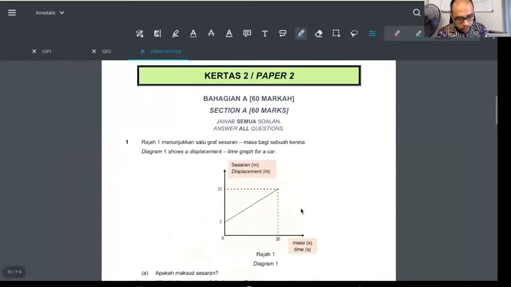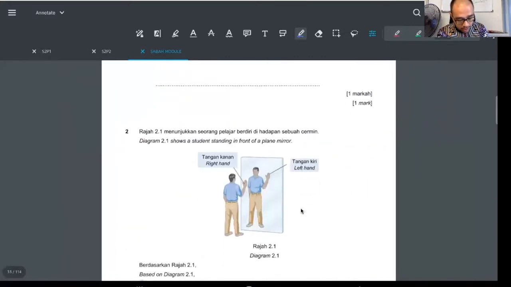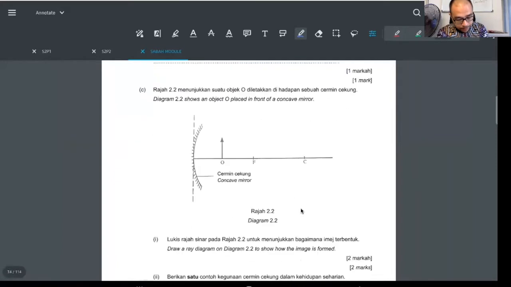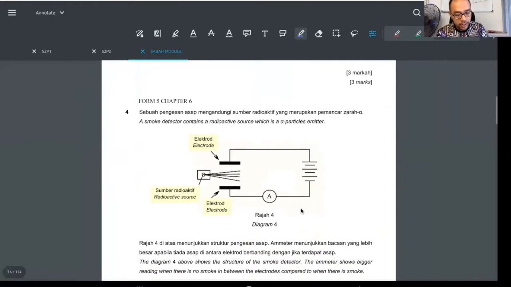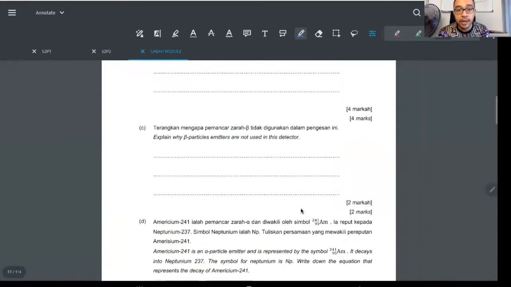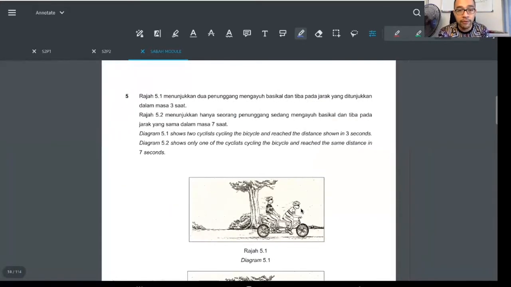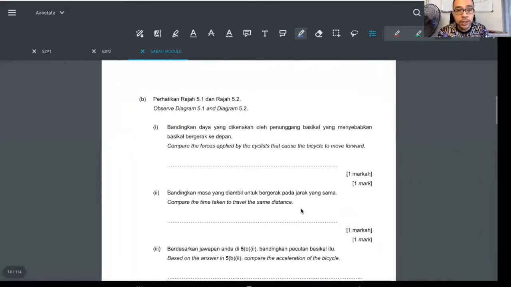Okay, Paper 2. This is light. You see, this is definitely not waves. It's electricity. This one I've marked here from Form 5, Chapter 6, so that you don't have to study this for trials yet because we haven't learned it, at least for the students that I'm teaching. This is force and motion.